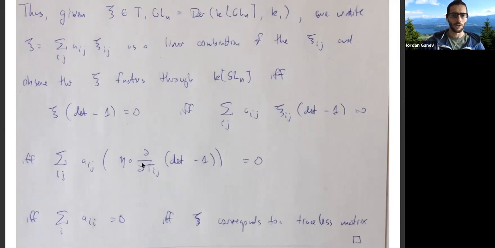If we do this partial derivative composed with evaluation of det, then we already saw that that's 1 if i and j are equal and 0 otherwise. So that's how we get this sum here of the a_i's. And so then xi, under the isomorphism from the top, corresponds to the traceless matrix. So that does it.